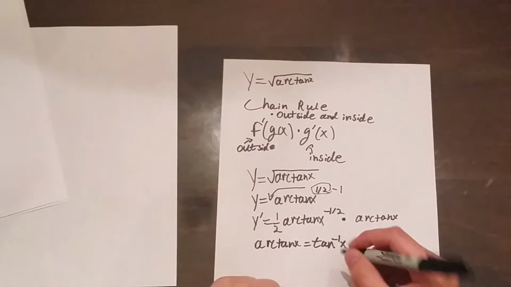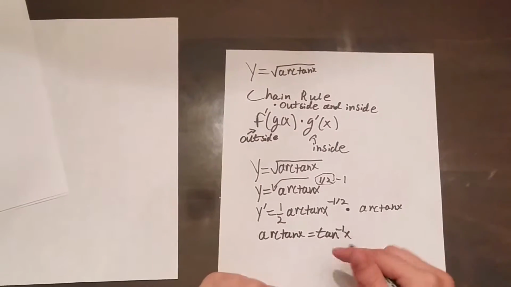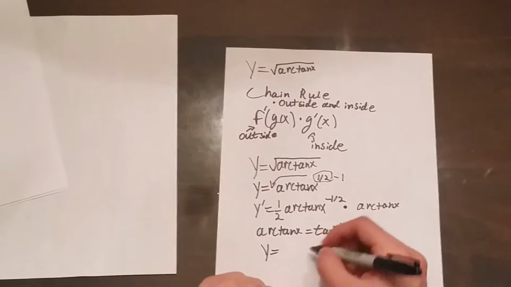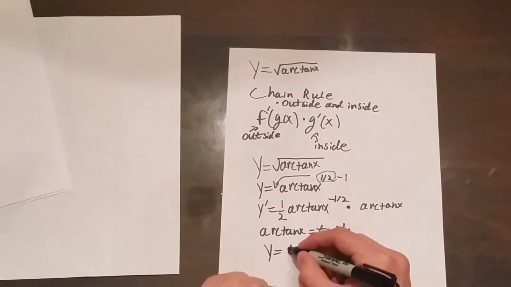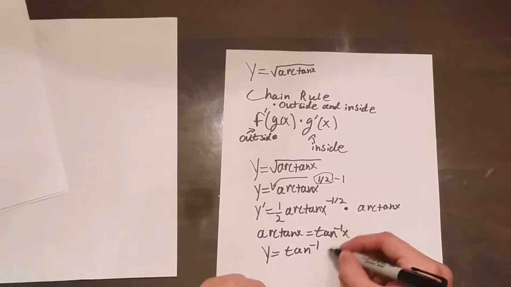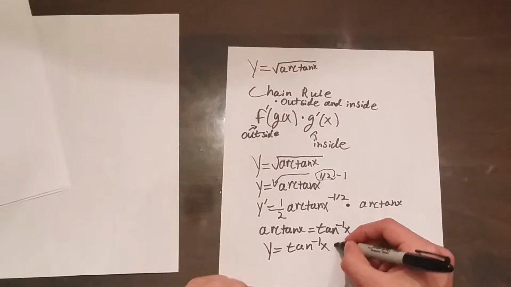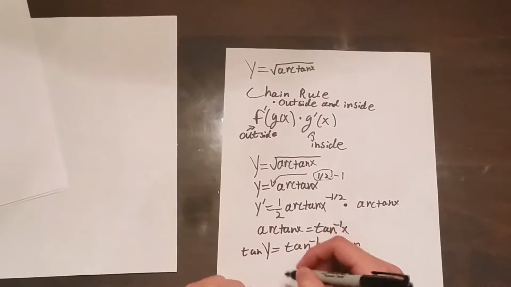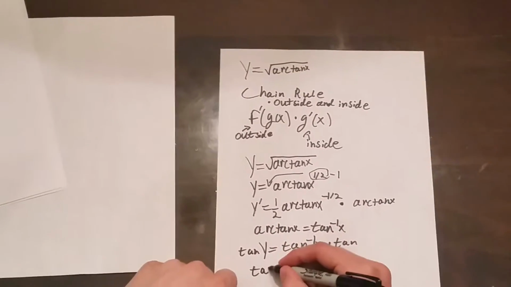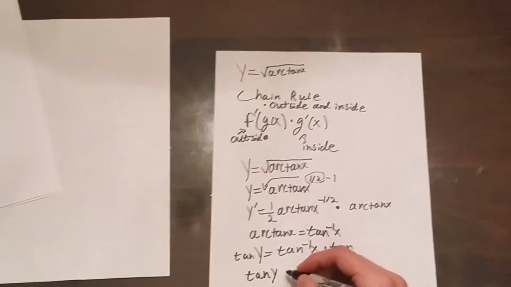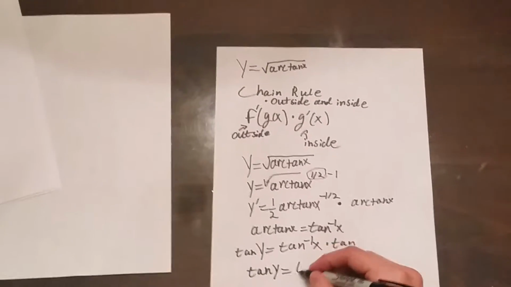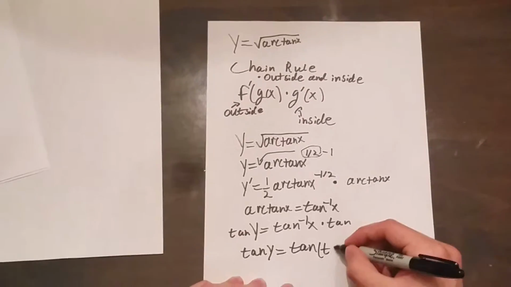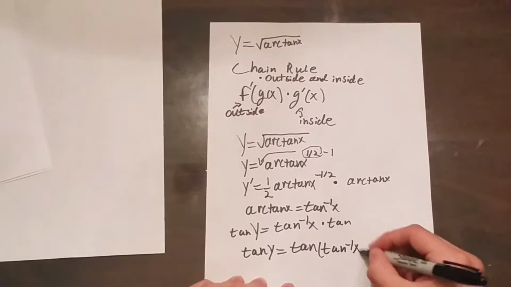So one way how we solve for this is we set y equal to the inverse tangent of x, and then we take the tangent of both sides, and we have tangent of y, which is equal to the tangent of inverse tangent of x.